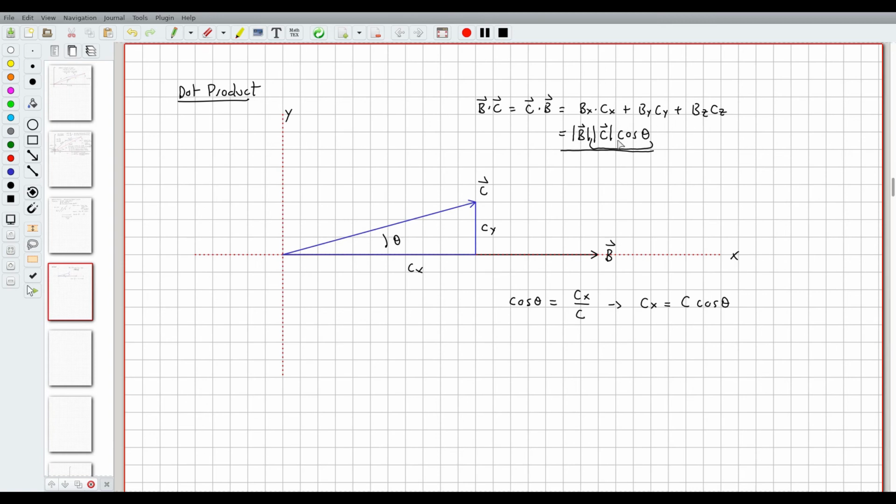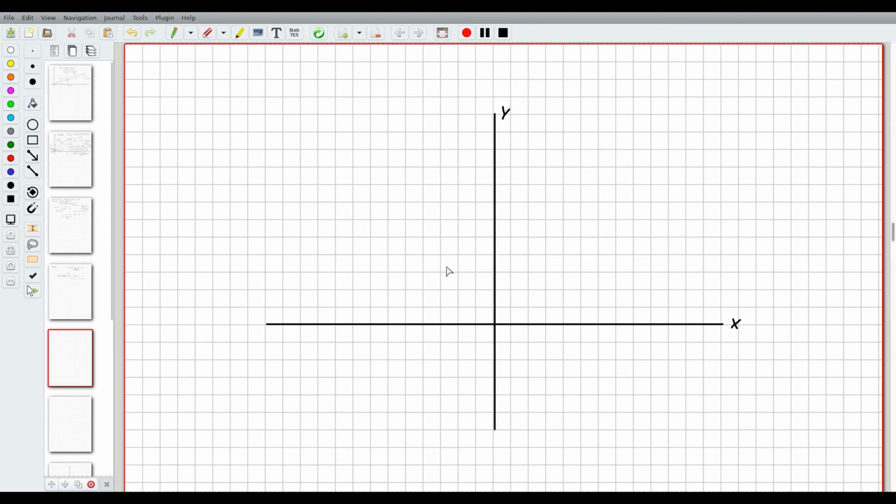Now, mathematically, it's pretty easy to do. For example, let's pretend that you had vectors that look like this. We'll say we've got C, 20 meters. It makes an angle of 30 degrees with respect to the x-axis. D, 35 meters.